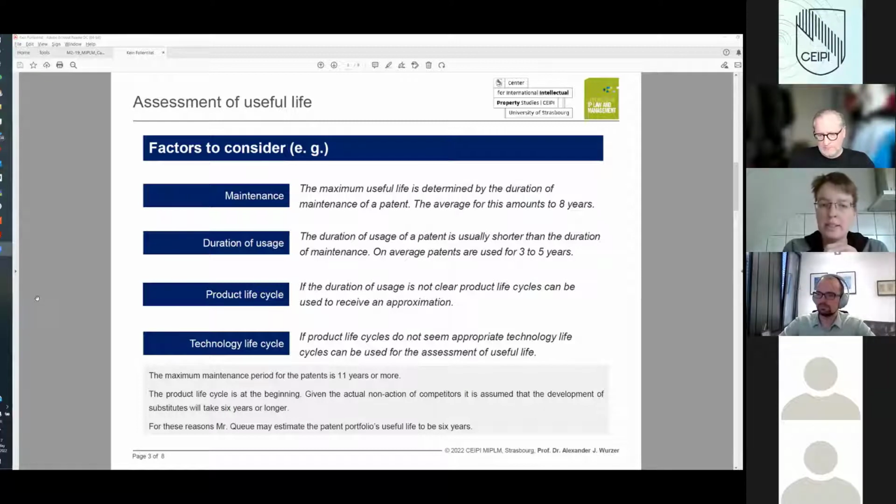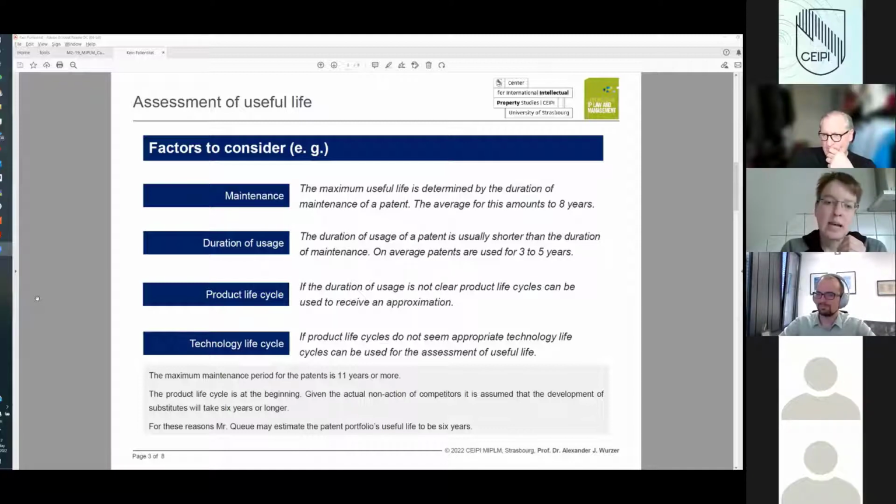Further, there's a hint that the product life cycle is at the beginning, and there's no action of competitors. It is assumed that the development of a substitute will take 6 years or longer.